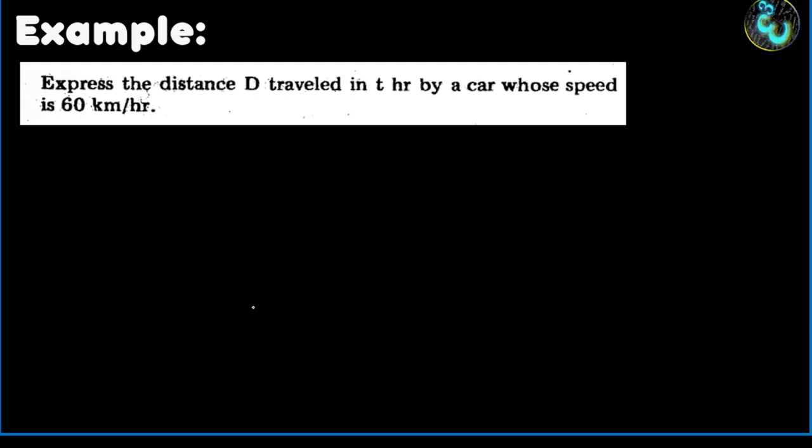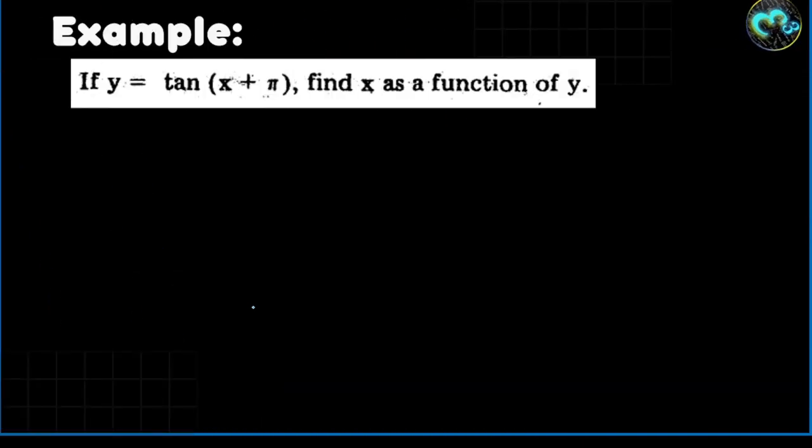Okay, next. We have here y equals tangent of x plus pi. Find x as a function of y. Okay, solution. All we need to do is first write the given, tangent of x plus pi.